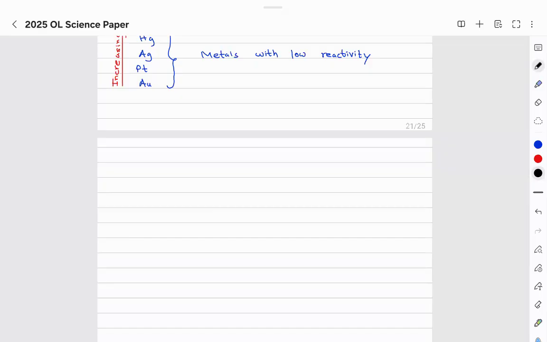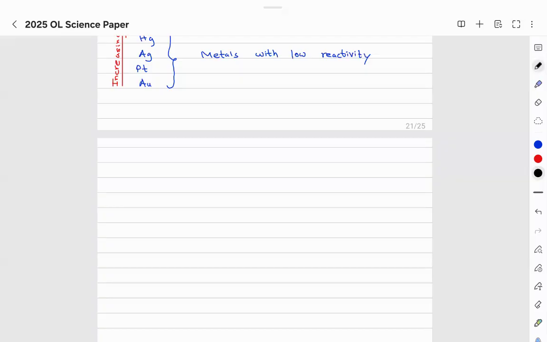When you consider potassium and gold, potassium has higher reactivity with water, diluted acids, and oxygen than gold. Gold is not reacting with water, right? So this activity series helps us understand the relative reactivities between the others.